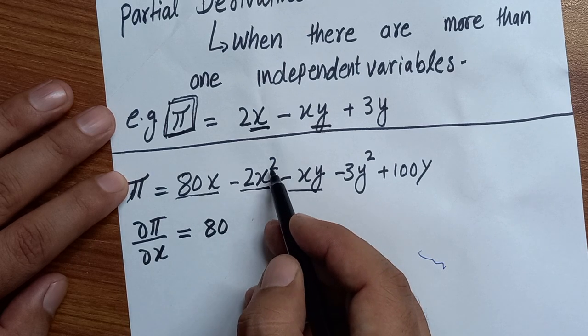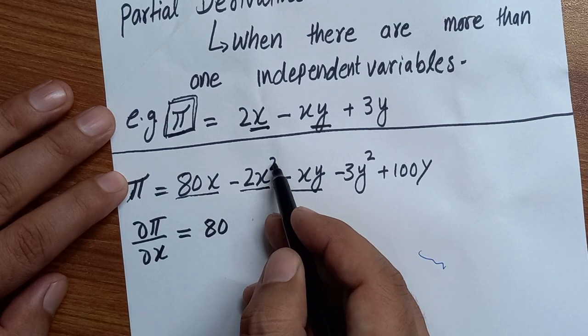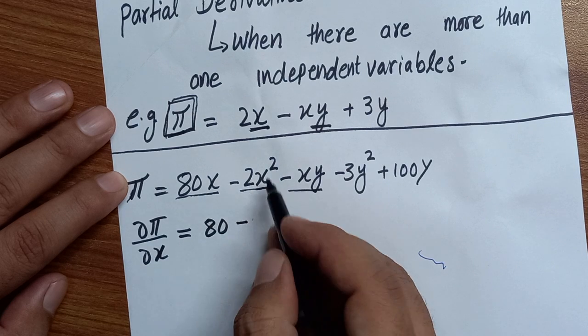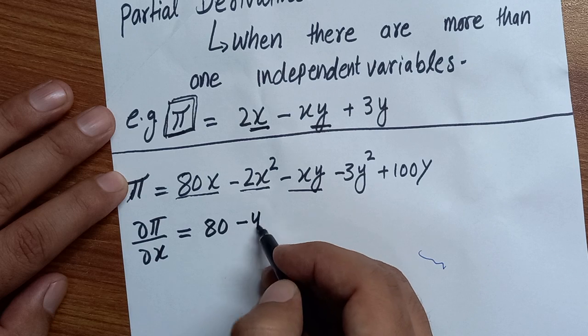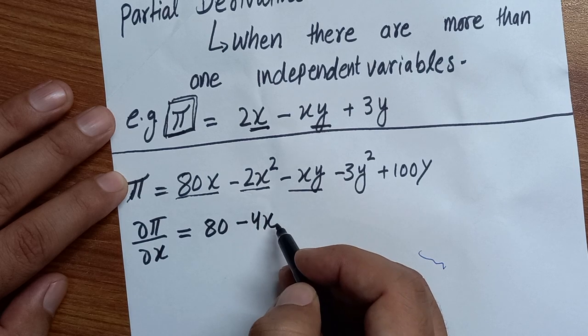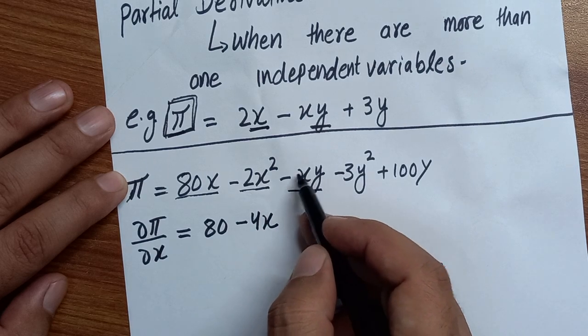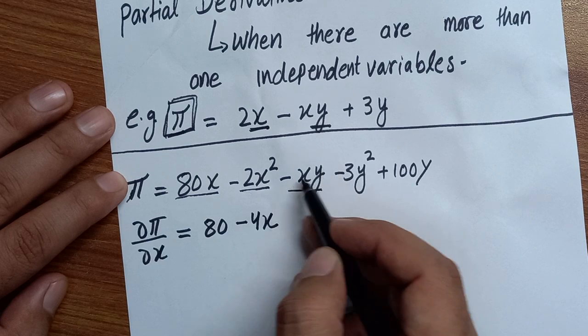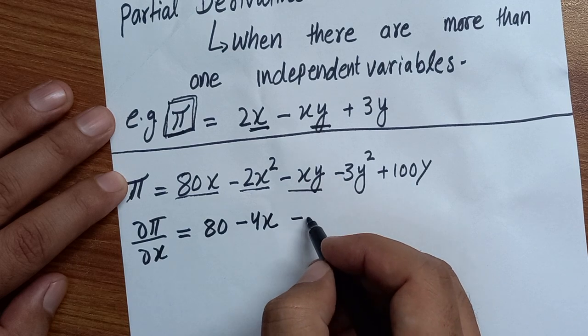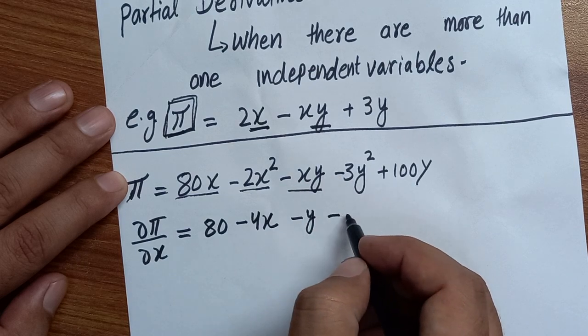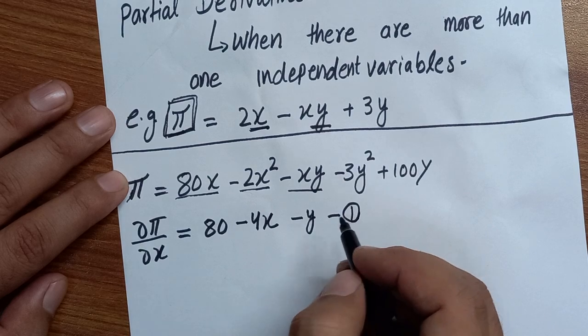And for this we use the power rule: minus into plus minus, 2 2s are 4, and we have x. And here the x will be removed, only y will be taken from here. So this is equation 1.